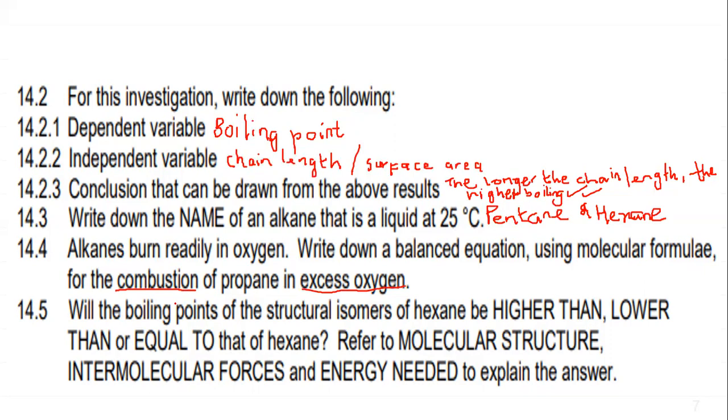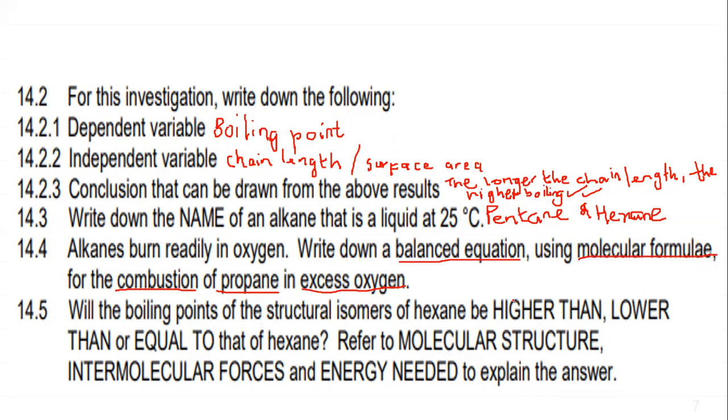It is a favor for them to tell you in excess oxygen, because you must already associate combustion with oxygen gas. We have propane burning in excess oxygen. So we must write down a balanced equation, and we must use molecular formulae.